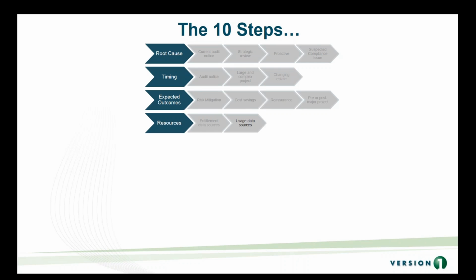Equally, the other part, of course, is what your usage is. How well do you know your estate? How quickly can you get your hands on the information that's necessary to participate in the audit? I think this is something that's really underestimated by people, getting hold of that data.